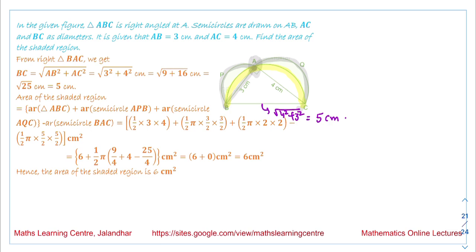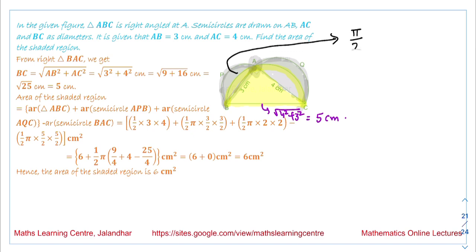So if we calculate this area, we are talking about this complete area of the semicircle, the second semicircle, and the area of this triangle. If we add these three areas, first we are talking about the area of this semicircle.